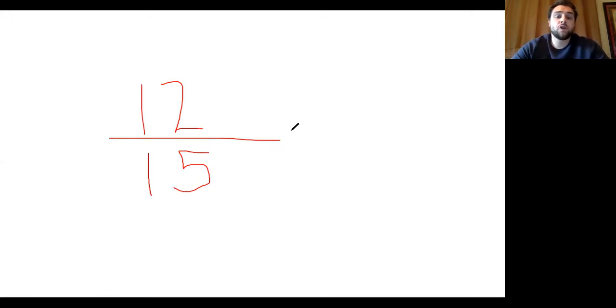So if you're asked to simplify this fraction, what you could do is break it down from the numerator to the denominator in smaller portions. For instance, we have 12 here. We know that 12 is 4 times 3.